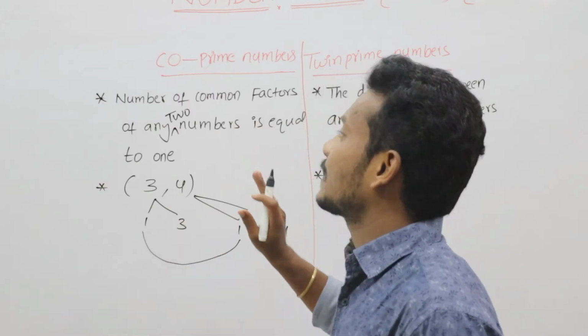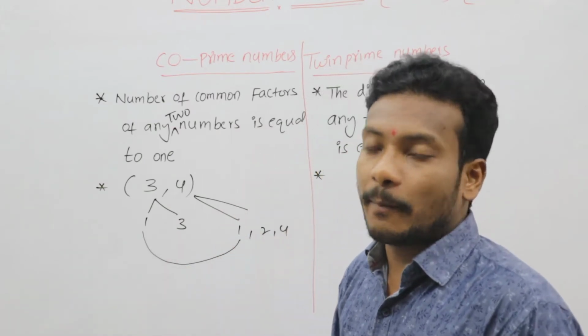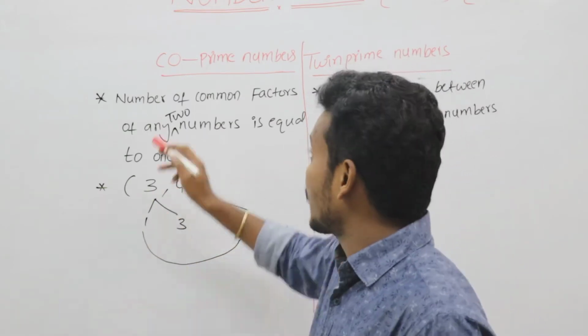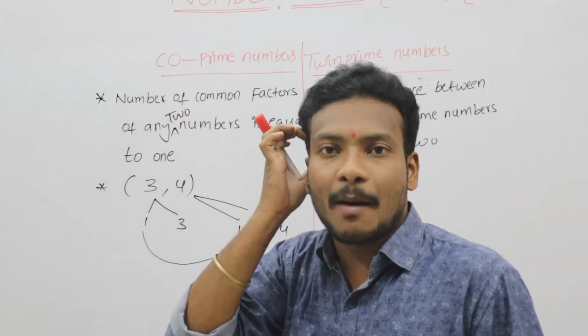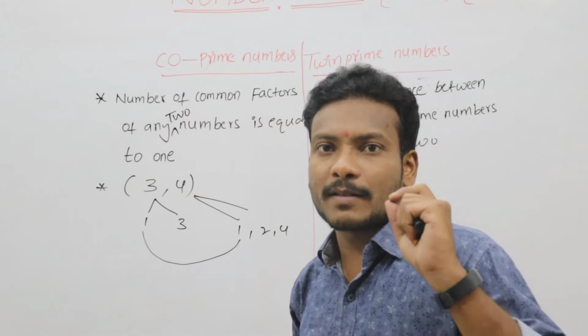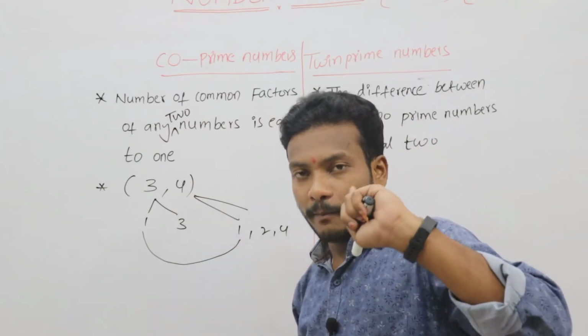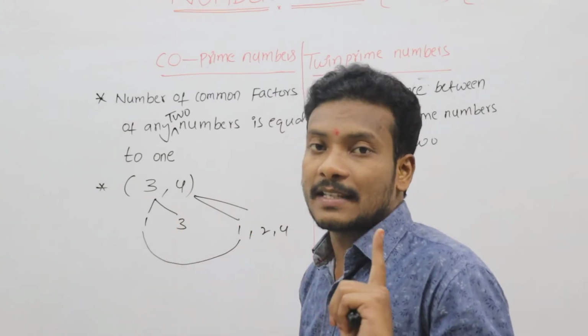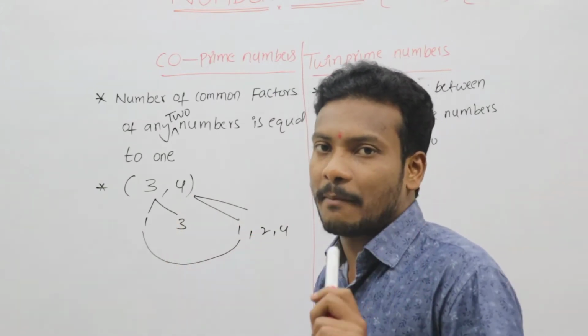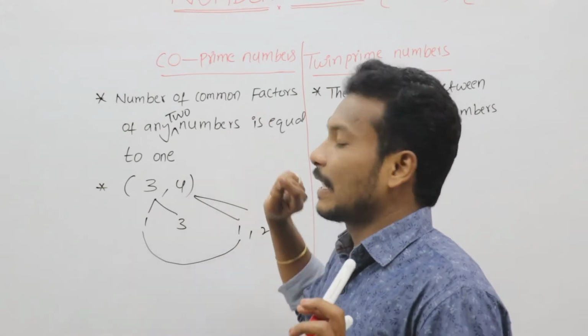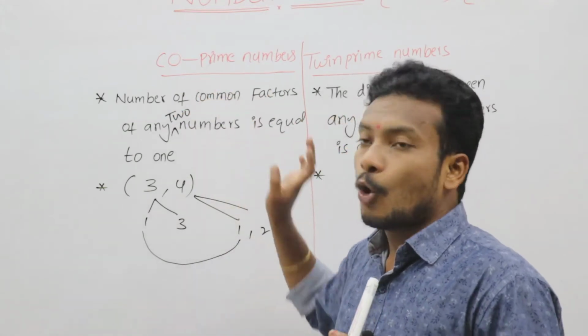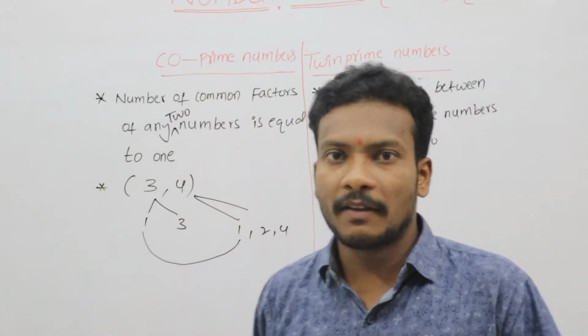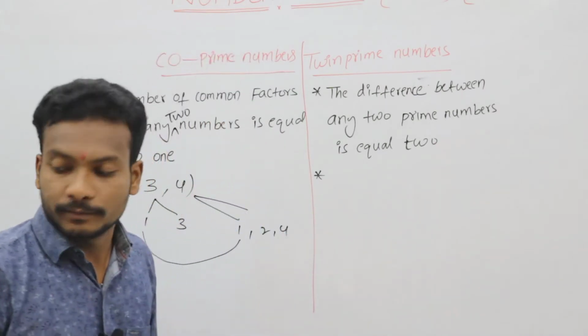This type of pair we call co-prime. Co means common, prime means prime numbers. The common factor is only 1, only one factor. Now we call it a co-prime pair.